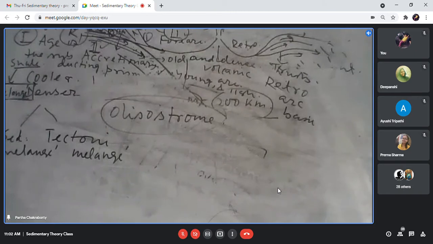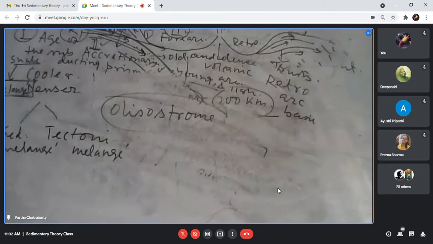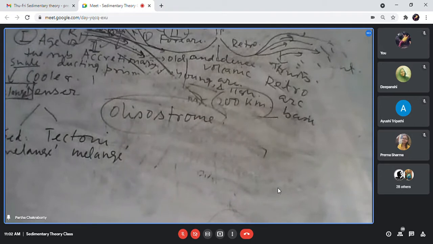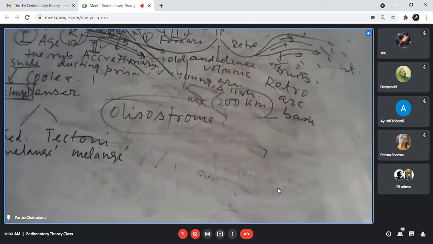One slope of the trench is marked by the outer arc only. Are you understanding? Yes, sir.